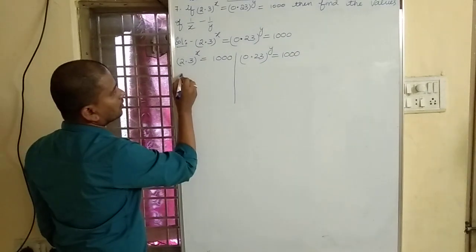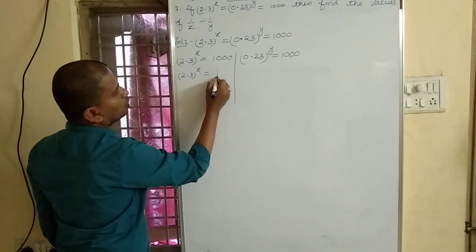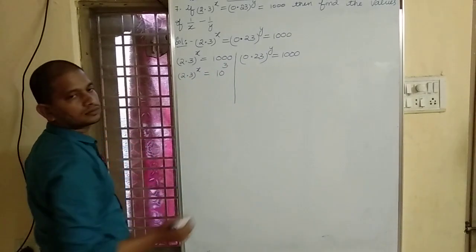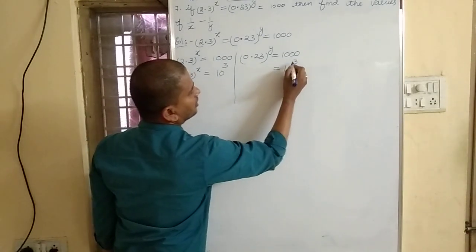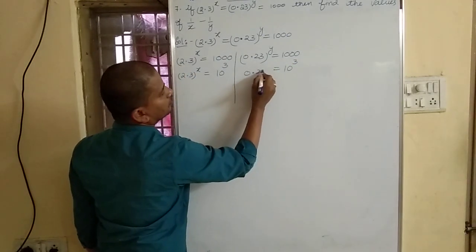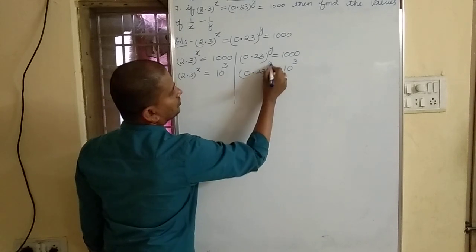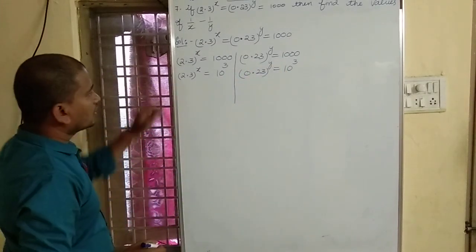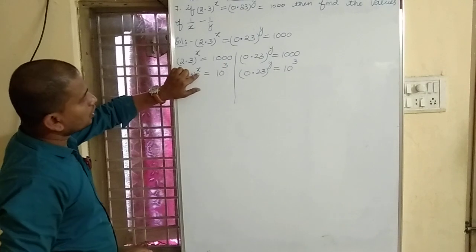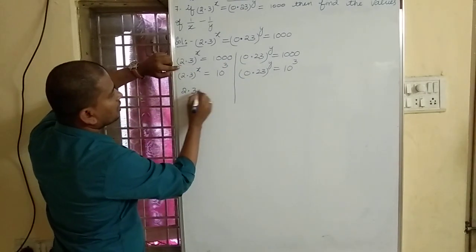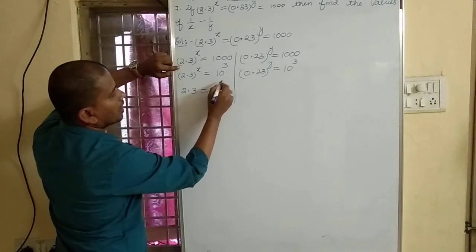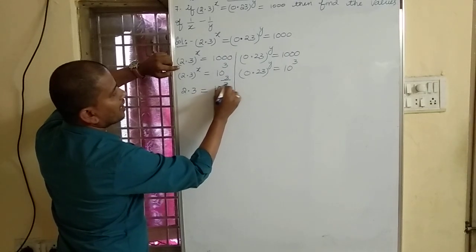So 1000 we can write as 10 cube. Here also 1000 we can write as 10 cube. Now the power x is transposed. So 2.3 is equal to 10 to the power 3 by x.